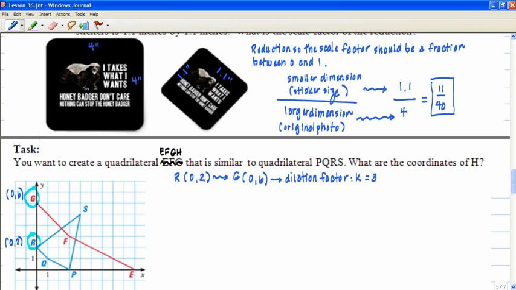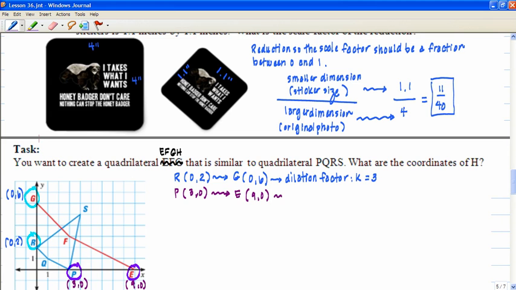Let's look at one other factor that we know. It looks like P, these points right here, corresponds to E. So P is at the point 3, 0, and E is at the point 9, 0. So let's just write this over here. So P, which is at the point 3, 0, is getting dilated to point E, which is at the point 9, 0.